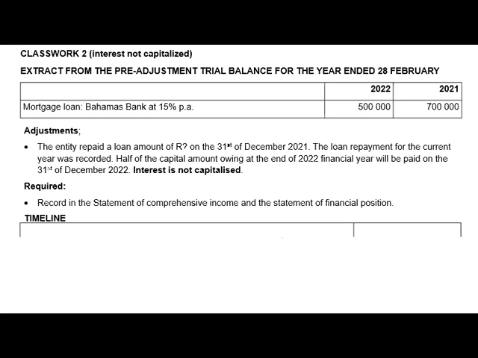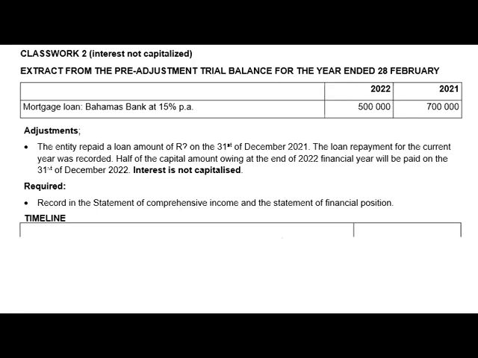For this one, we are still dealing with the case where interest is not capitalized. You are given the mortgage loan from Bahamas Bank at 15% per annum. For last year, the loan was 700,000 and this year it's 500,000. And all of this is happening on the 28th of February. You'll notice that the loan has actually decreased.